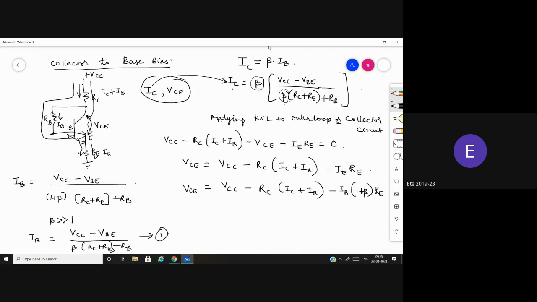Since it depends upon the beta factor, as I told earlier, if a transistor is going to be replaced, see now I have a transistor, let us take this as one transistor, I call this transistor A. Now I'm going to replace this portion.